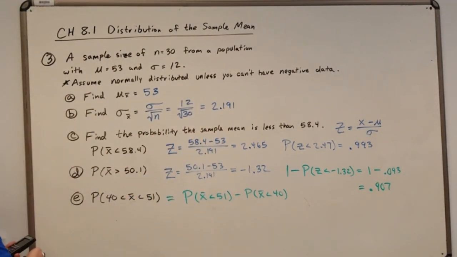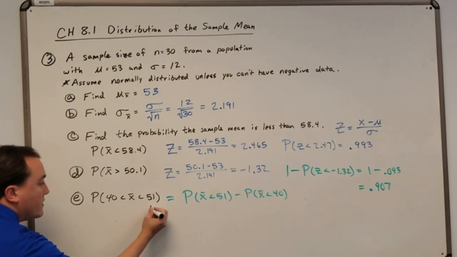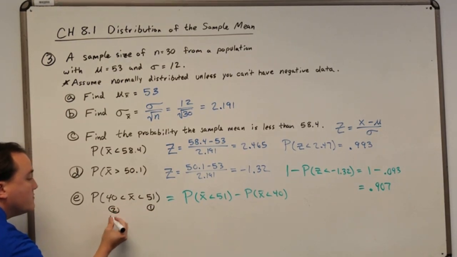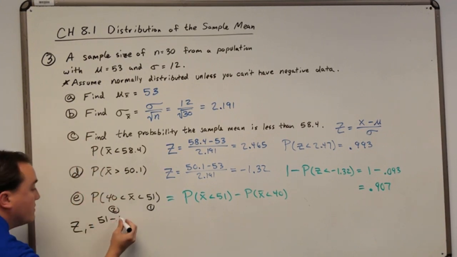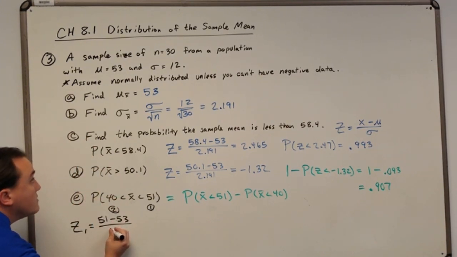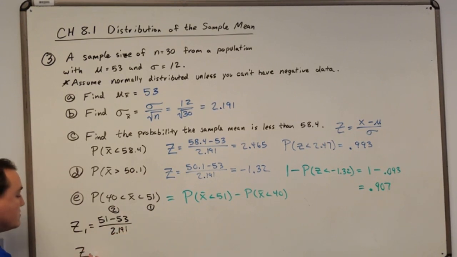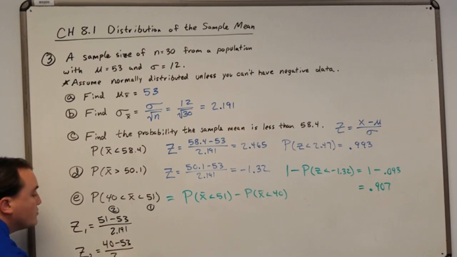So we can call this 1 and this 2. So z for 1 is 51 minus our mean, 53, divided by 2.191. Z2 is 40 minus 53 divided by 2.191.